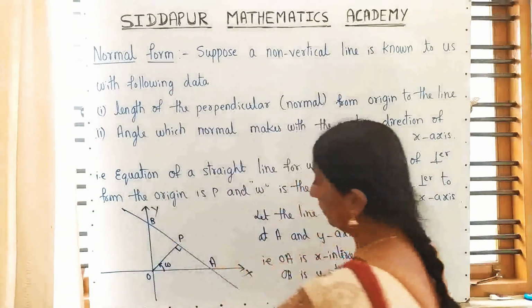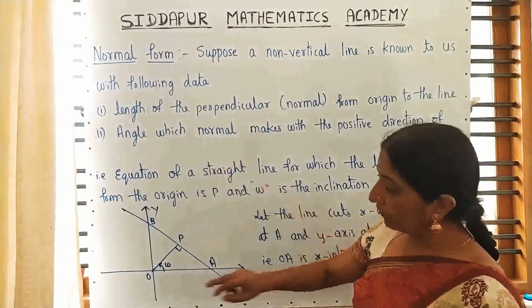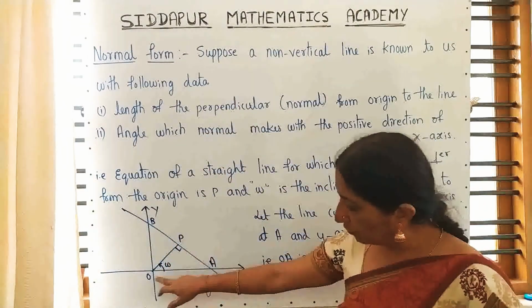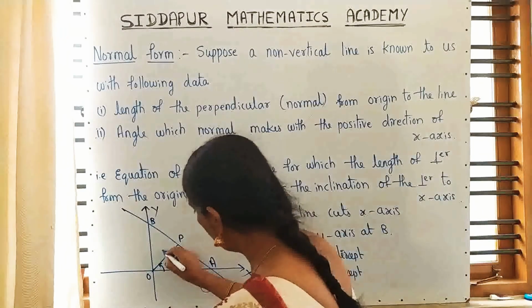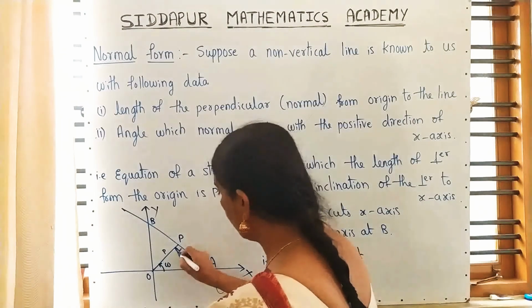And according to the statement we wrote, the length of the perpendicular from the origin to the line is p. This distance we are taking as p. And this is a perpendicular.